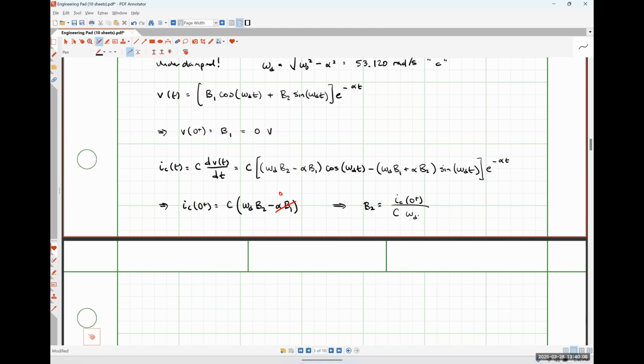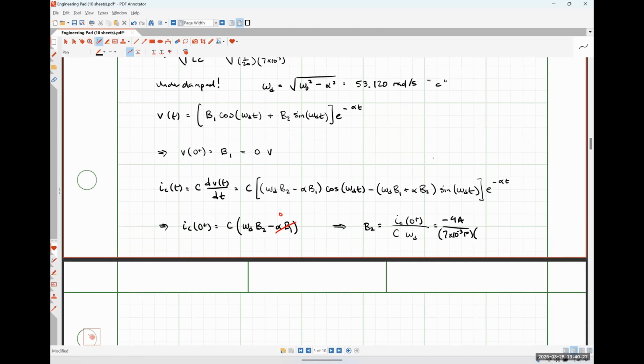Did I algebra that correctly? I'm just moving C times omega_d over to the left-hand side. IC at 0 plus was negative 4 amps. C was 7 times 10 to the minus 3 farads. Omega_d from up here, which I stored in my calculator as C, was 53.120 radians per second.